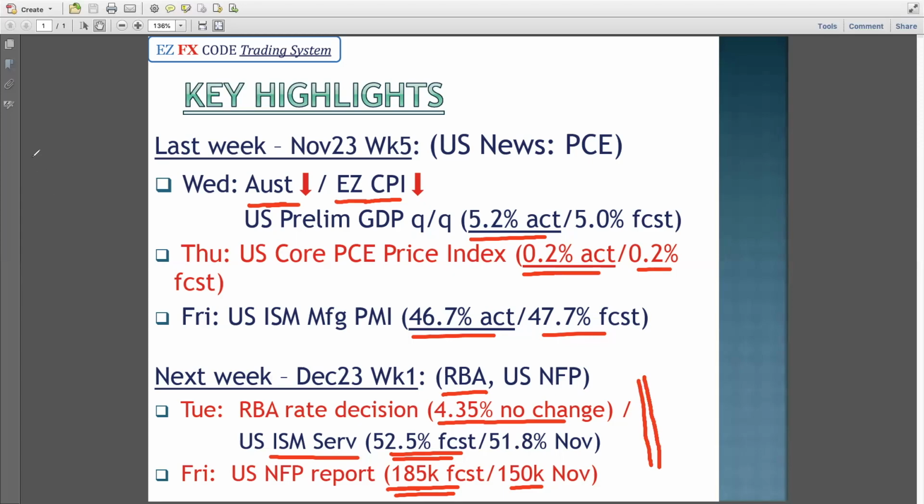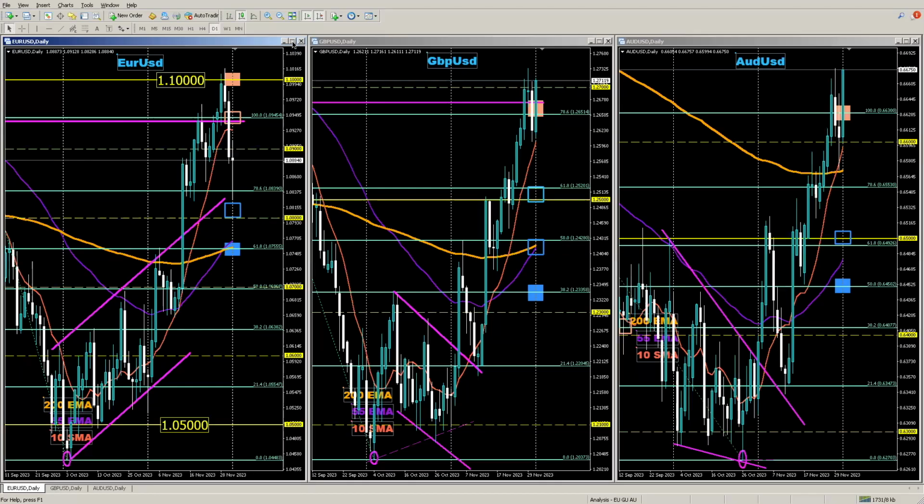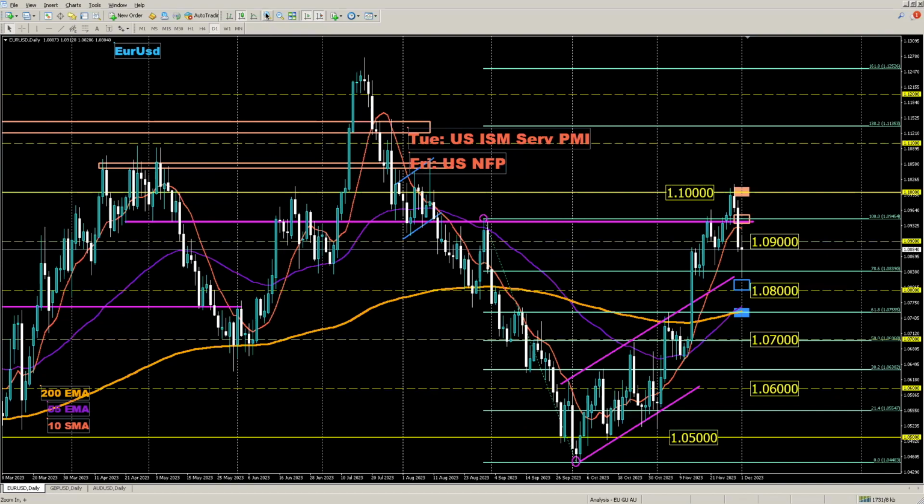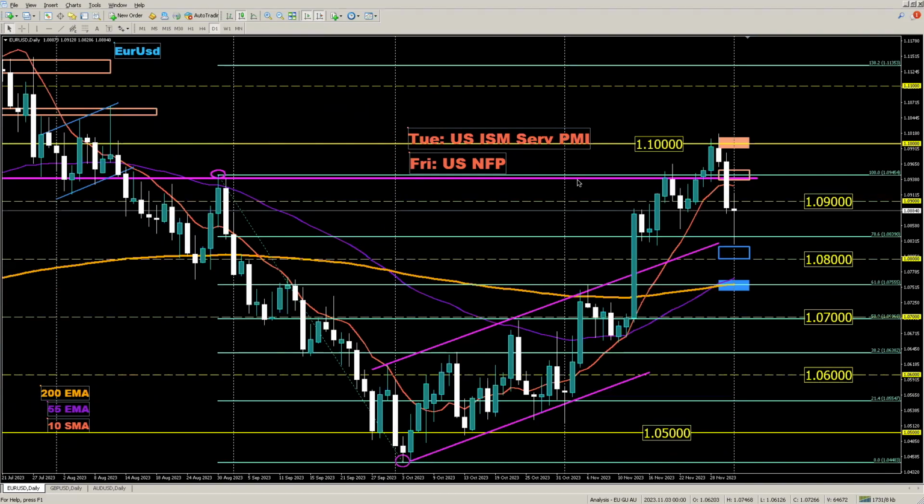All right, let's move back to the analysis. Let's start with the euro. After the start of the week, it targeted the 110, expected as a key resistance zone, was rejected and started to pull back with some early news from some of the European countries with lower CPI figures.